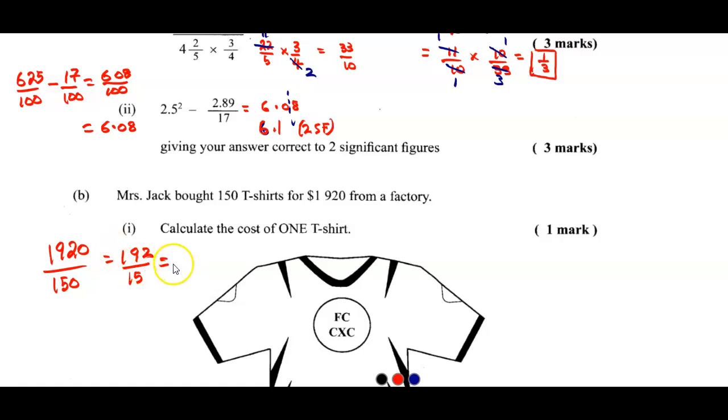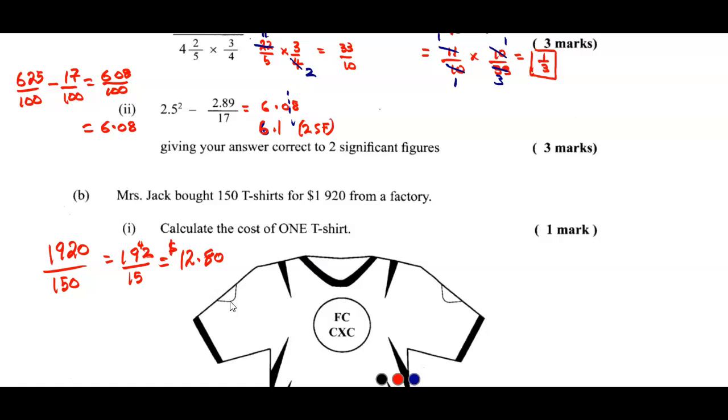And 15 into 19 goes 1 times and 4. 15 into 42 goes 2 times and remainder 12 over 15, which is 0.8. Okay, so it's $12.80 it would cost for one of the shirt.